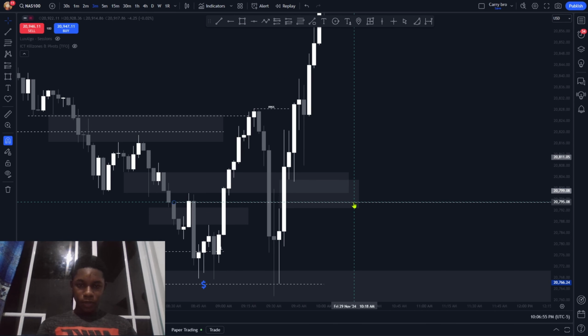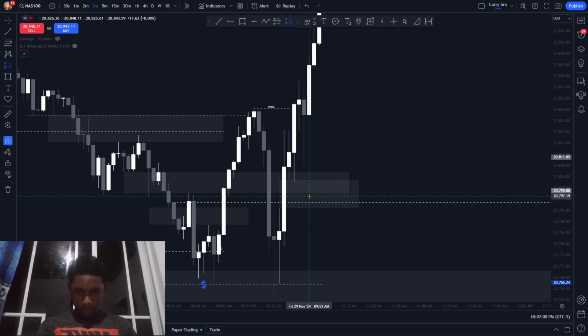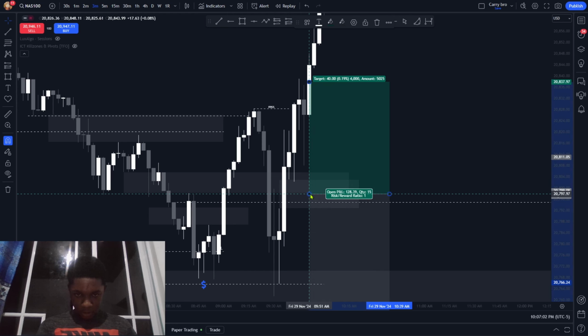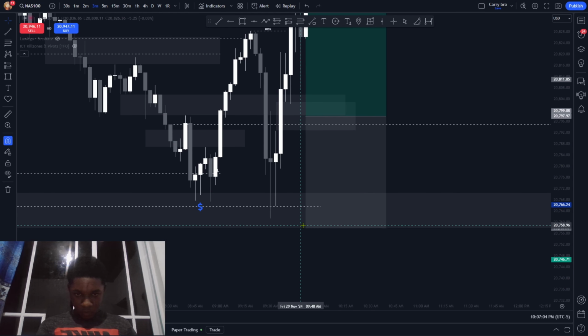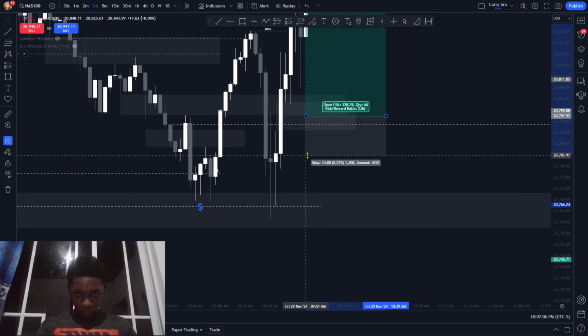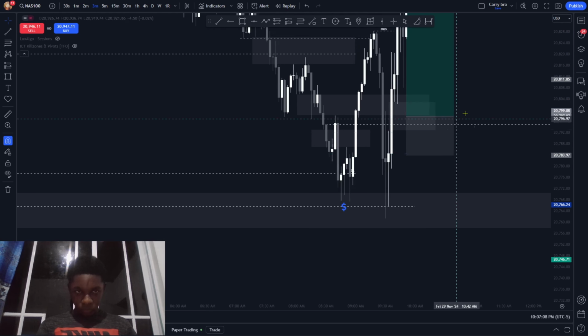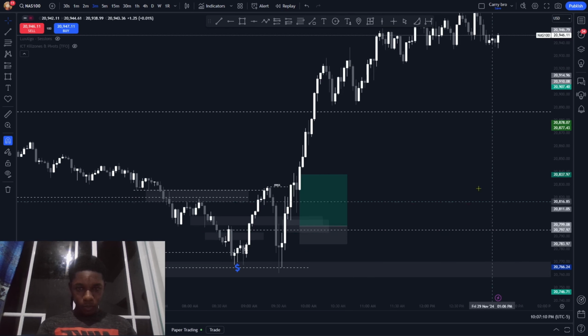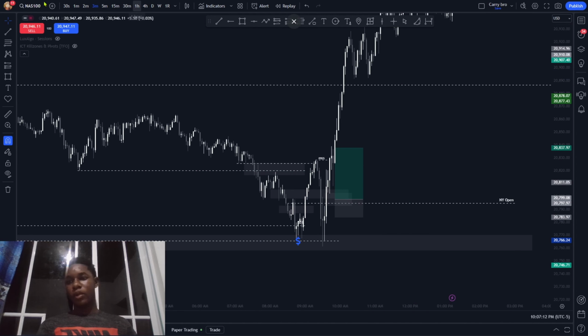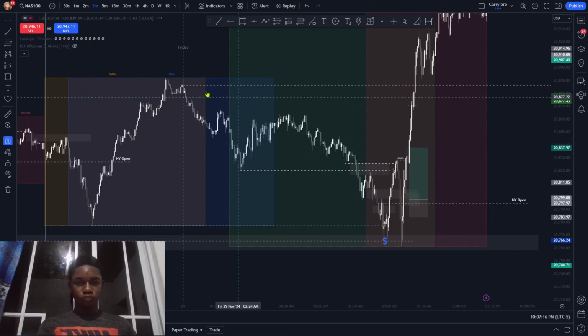Waiting for price to come right in here, and our buy position would look something like this. And our TP would have been previous Asia highs.